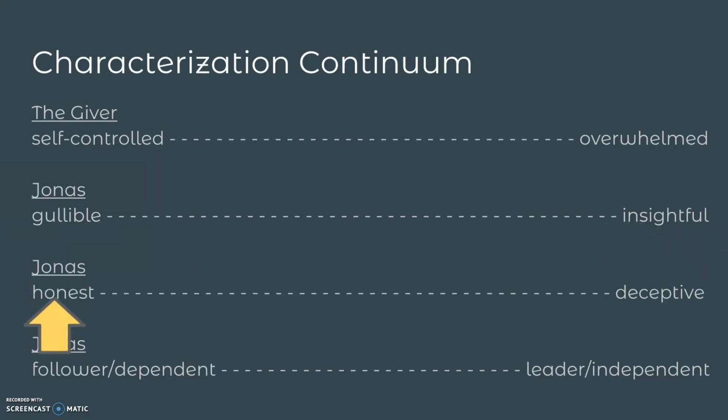At the very beginning of the book, Jonas is extremely honest, but as time goes on and circumstances change, he becomes increasingly deceptive. Lastly, at the beginning of the novel, Jonas is a follower and depends heavily on others, but as the story goes on and circumstances change, he becomes more of a leader and even more independent.